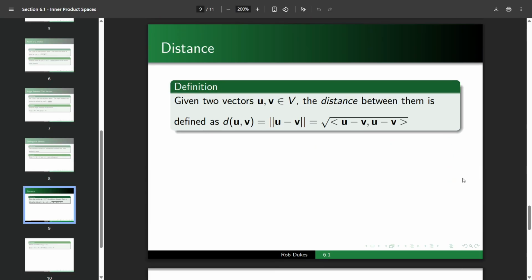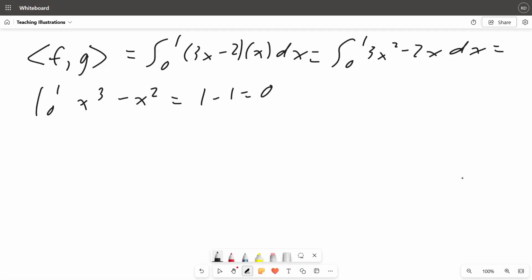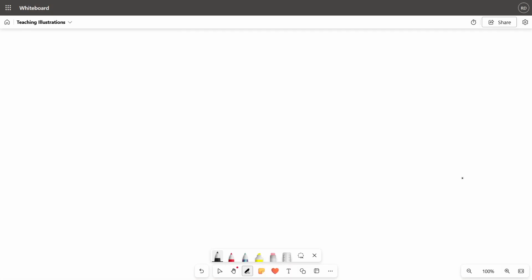And this actually has a tie-in with trigonometry I want to show you. Say we have a vector here, u, with length of u, and length of v. We have some angle theta.